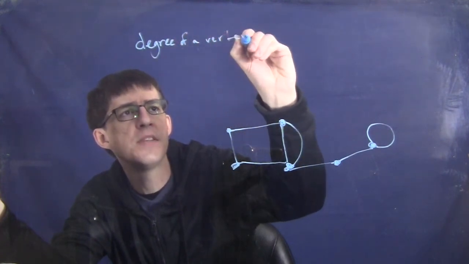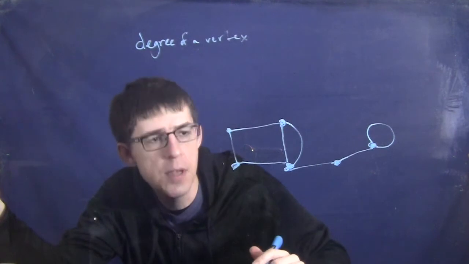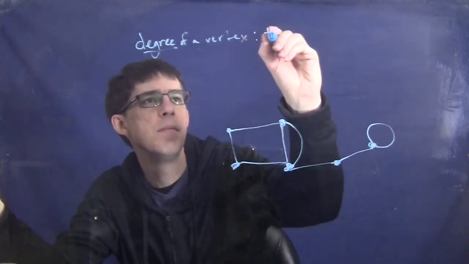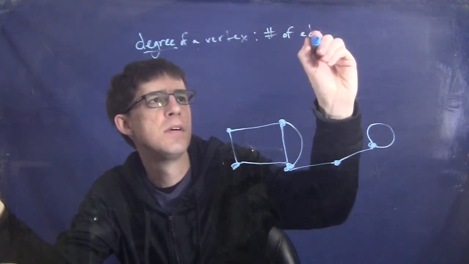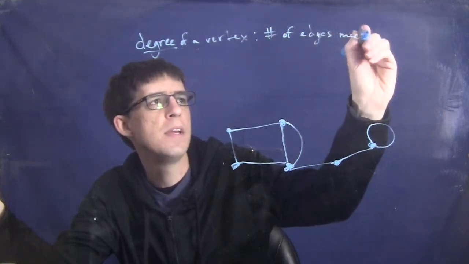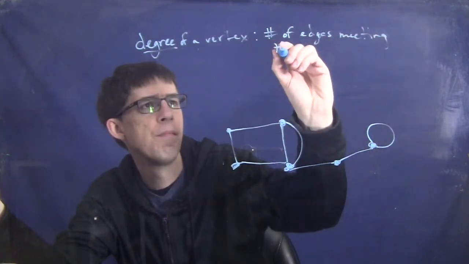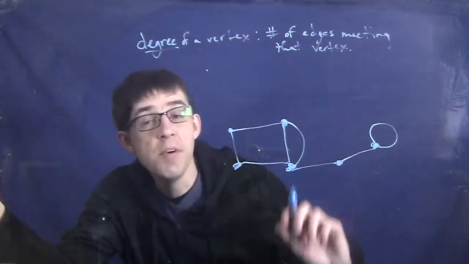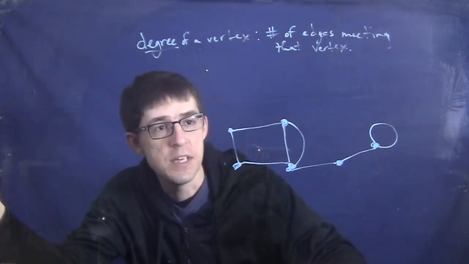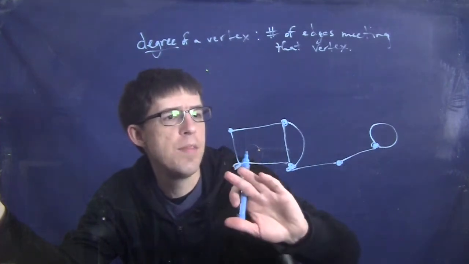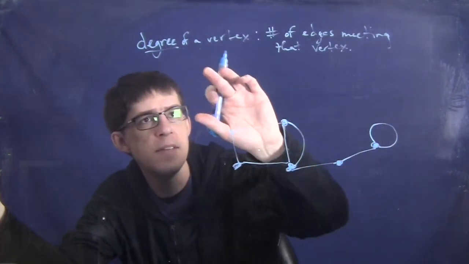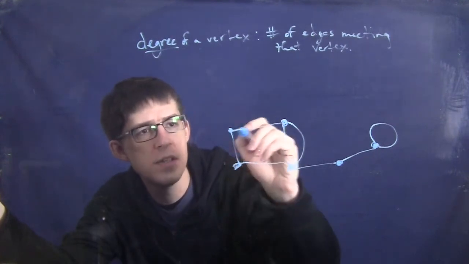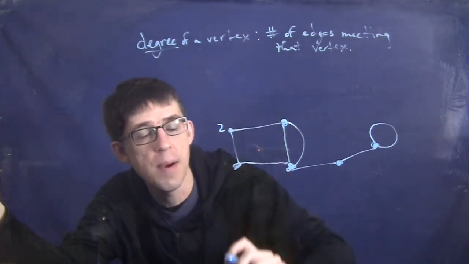So every vertex in the graph has a degree, and the degree is a number, and the definition is it's the number of edges meeting that vertex. So could we draw just right here the degrees? Each of these vertices has a degree. What is the degree of this one? You just look how many edges are going into this vertex, and the answer is 2.